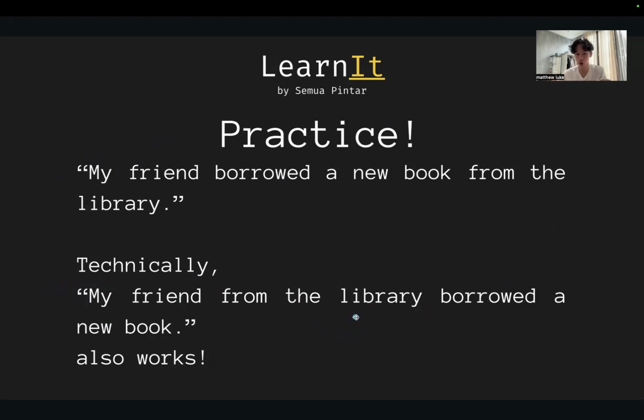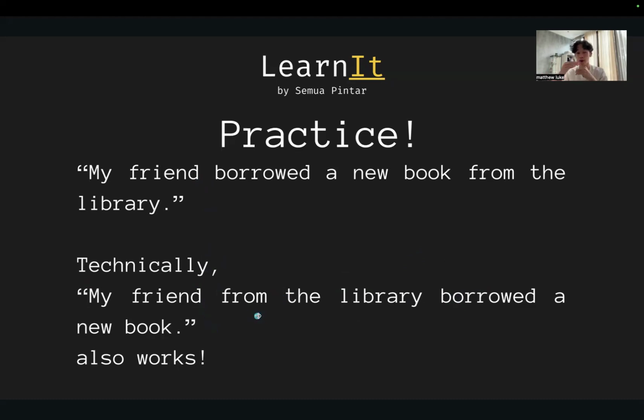That is the use of the adjective or the adverb, right? However, we don't know where a new book comes from because we use the adverb to describe my friend over here. So over here, we know we have a friend and he borrowed a book from the library. But over here, we know a friend from a library, but we don't know where they borrowed a new book from, just to outline it really simply.